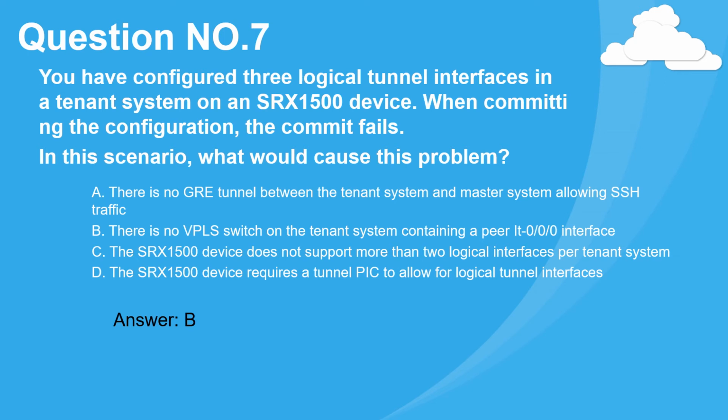B. There is no VPLS switch on the tenant system containing a pure lt-0/0/0 interface. C. The SRX1500 device does not support more than 2 logical interfaces per tenant system. D. The SRX1500 device requires a tunnel PIC to allow for logical tunnel interfaces. Answer B.